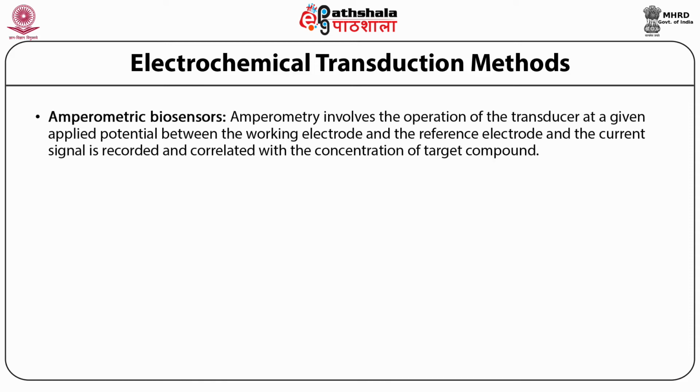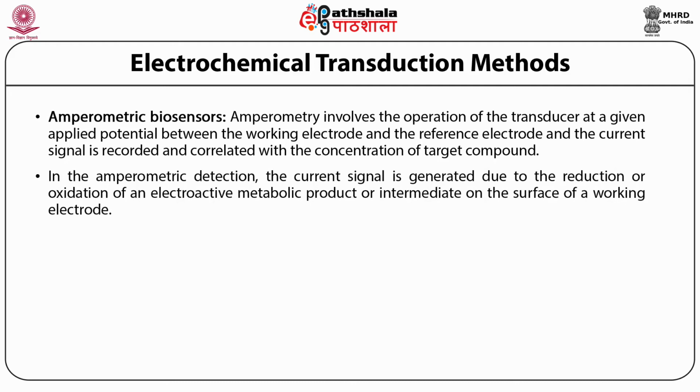Amperometry involves the operation of the transducer at a given applied potential between the working electrode and the reference electrode, and the current signal is recorded and correlated with the concentration of the target compound.